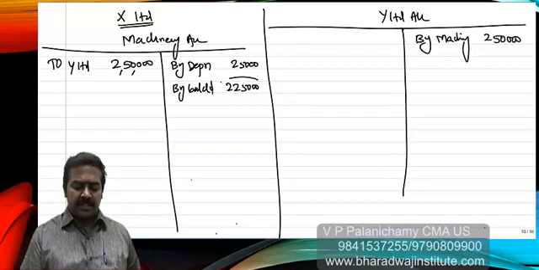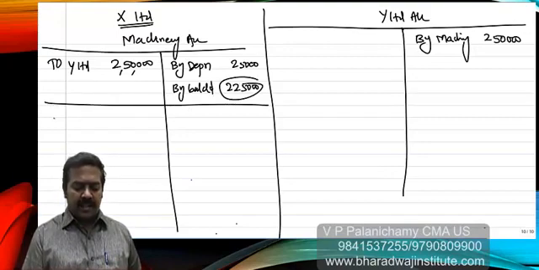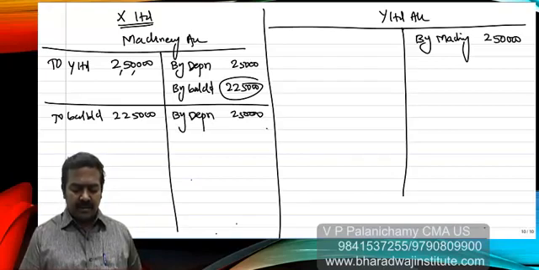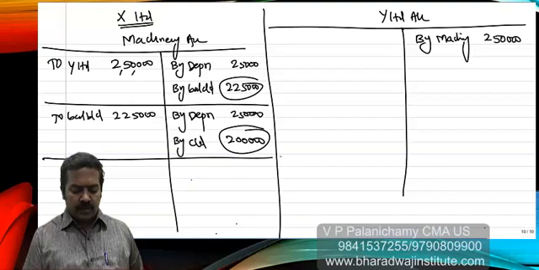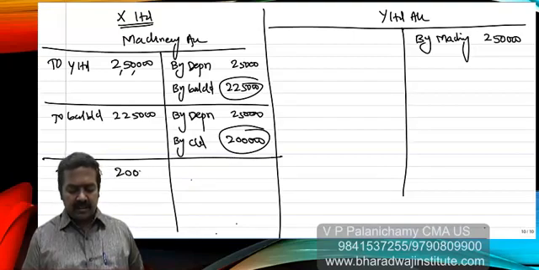These things we learned in the depreciation chapter. To balance brought down 2,25,000. Again, by depreciation 25,000, by balance carry down 2 lakhs. Next, to balance brought down 2 lakhs.